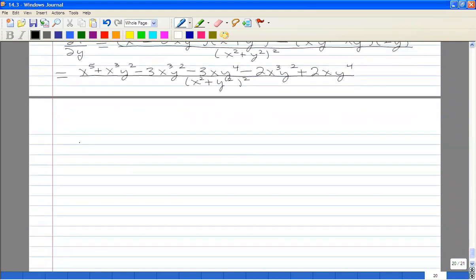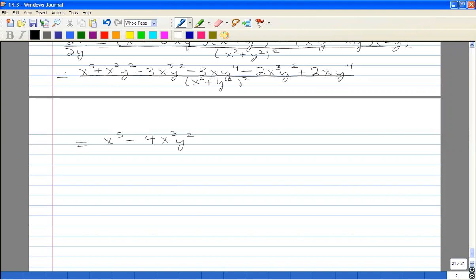And so this is equal to x to the fifth. x cubed y squared minus 3x cubed y squared minus another 2x cubed y squared, so that's minus 4x cubed y squared.